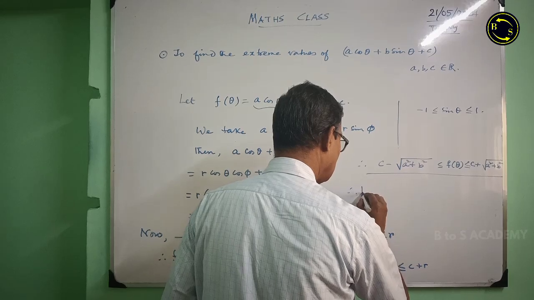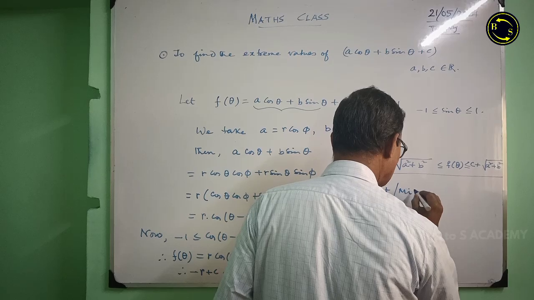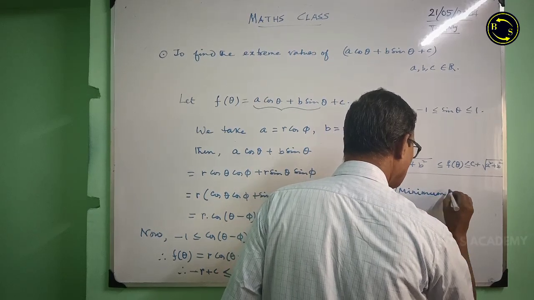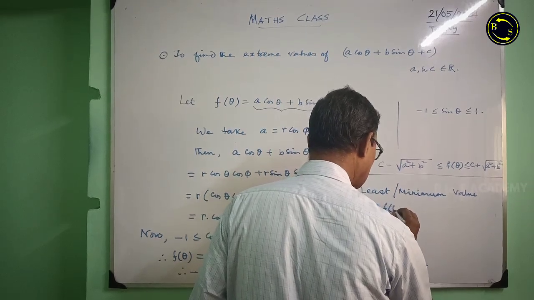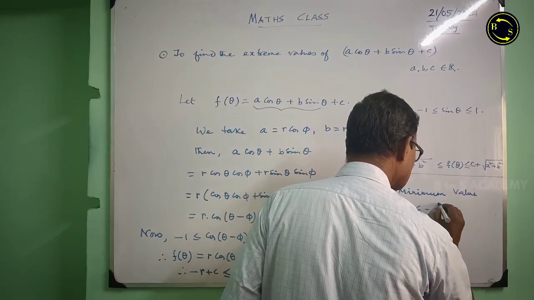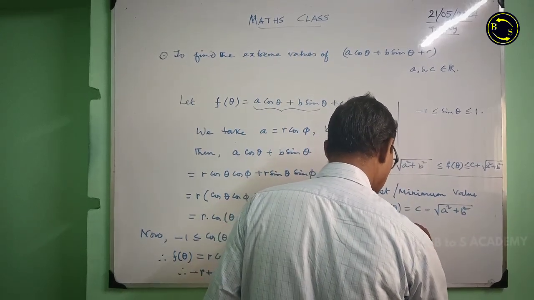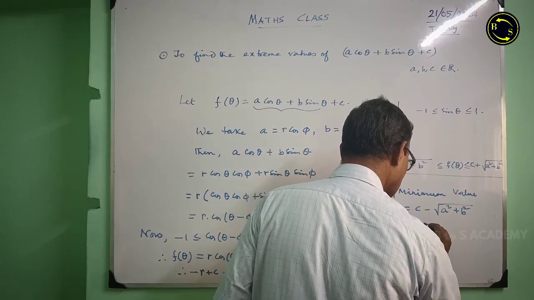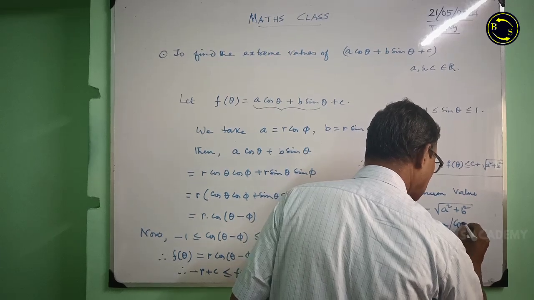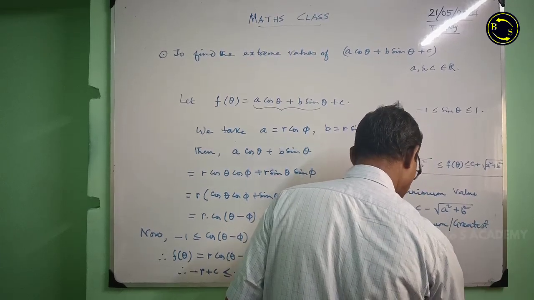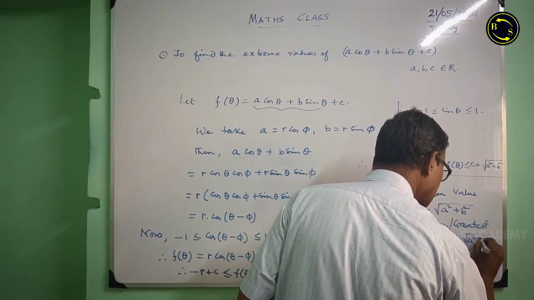Therefore, the least or minimum value of f theta is equal to c minus root over a square plus b square. Maximum value or greatest value is equal to c plus root over a square plus b square.